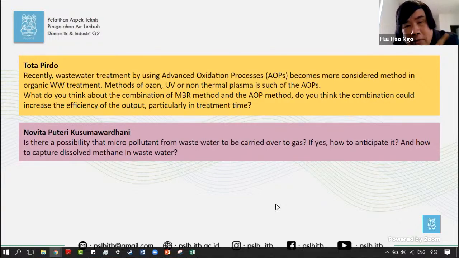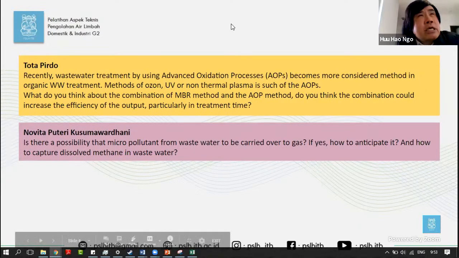And also the biogas production goes up, not only 2 point something, I think up to 5 kilowatt per cubic meter of COD, because it is really high.